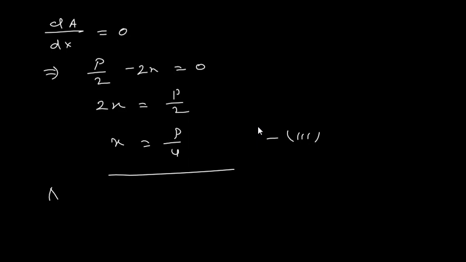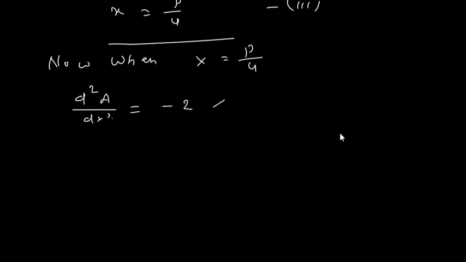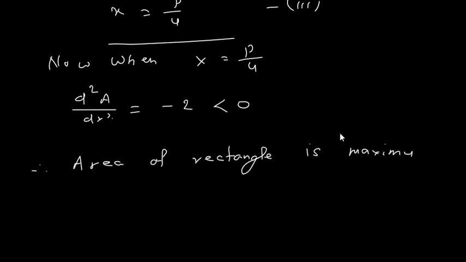Now when x is p upon 4, the second derivative, d square A upon dx square, is minus 2. So its value will not change for any value of p. So this is negative, which is less than 0. Therefore I will say that the area of the rectangle is maximum when x is equal to p upon 4.